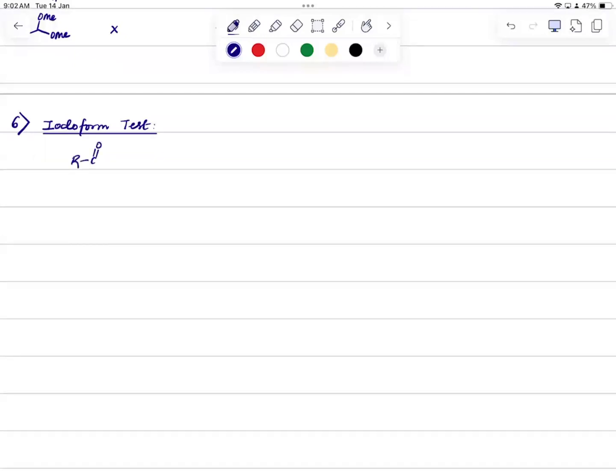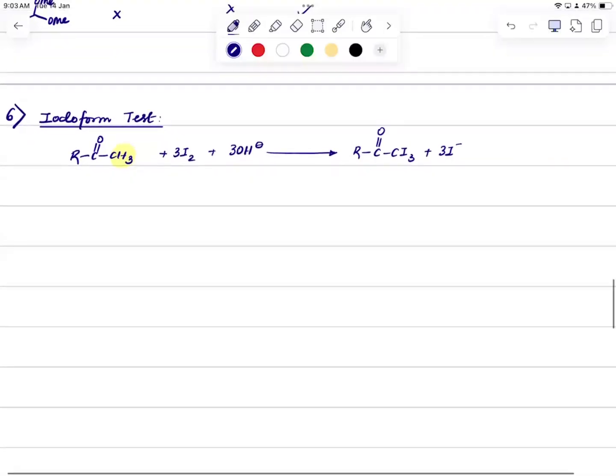If you already have a keto form with a CH3 group, okay, this methyl group is already present with us, then treating that with 3 moles of I2 plus 3 moles of OH minus, correct? That would give us RC double bond O CI3 plus 3I minus. This is to start with.